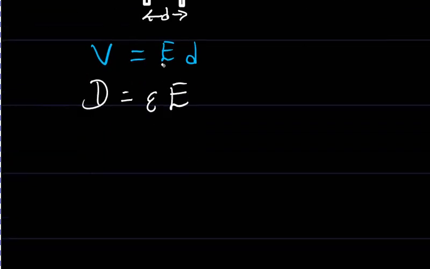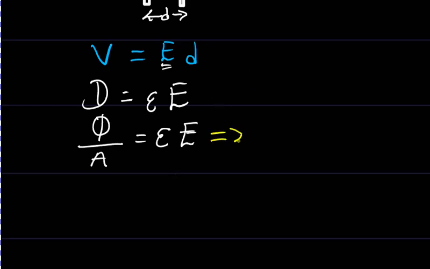Flux density also is given as flux all over area, right? And of course this is still equal to the permittivity of that medium multiplied by electric field intensity.